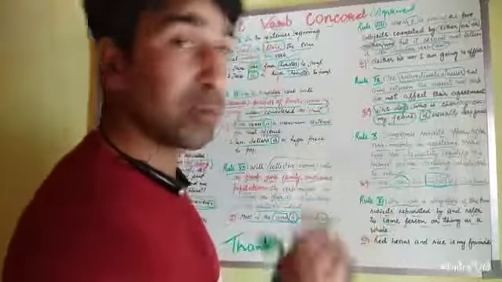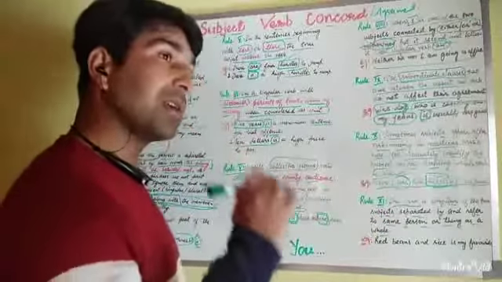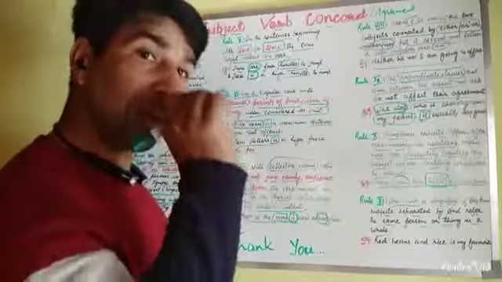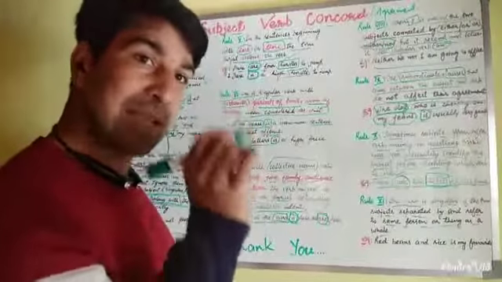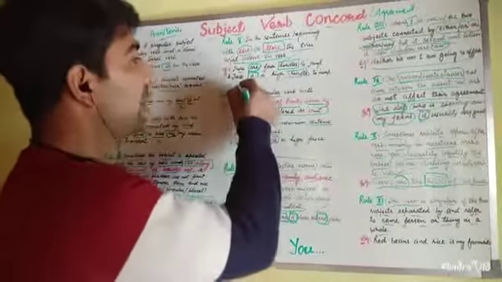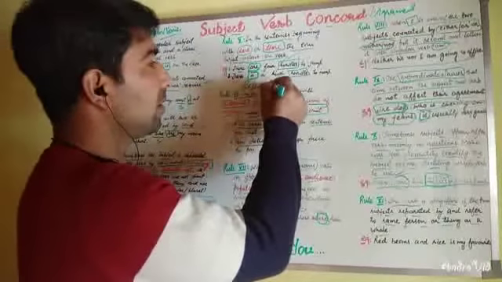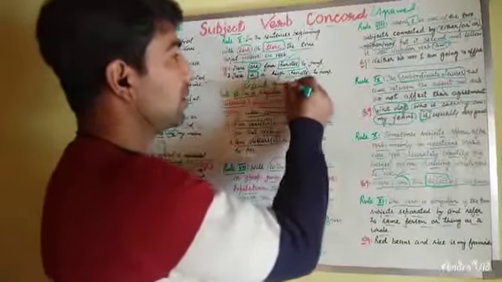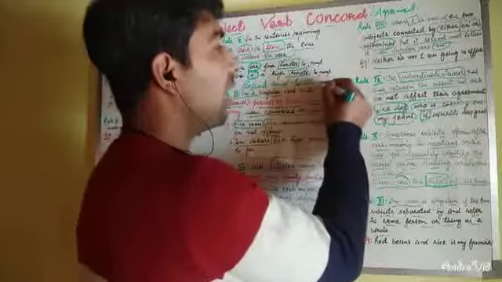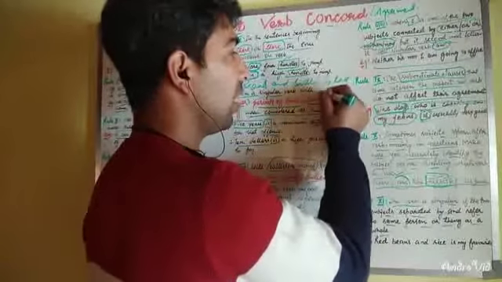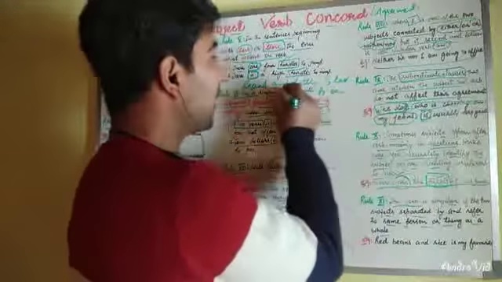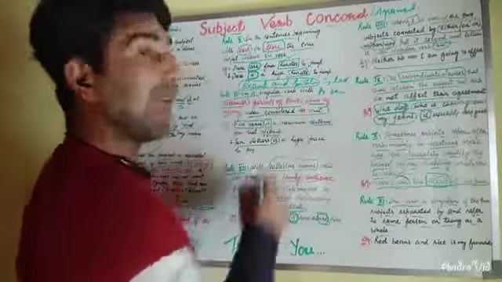If you have two subjects connected by and, but they refer to one whole thing, one same thing or one same person, like bread and butter. Bread and butter is hard to earn. That bread and butter here means the livelihood.